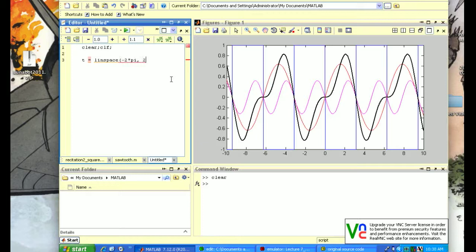You can see this piece is now a little wiggly, but the major wiggles are still at those corners, which makes sense, because this is a discontinuity, a hard thing to recreate. Whether it's a square wave, a sawtooth, or a triangle wave, any discontinuity is going to require a much higher frequency component than other parts of the graph.